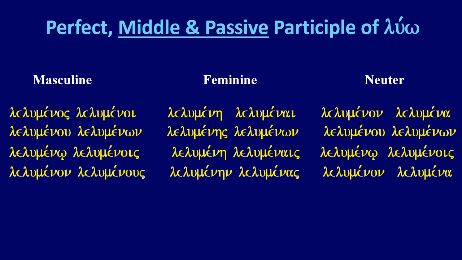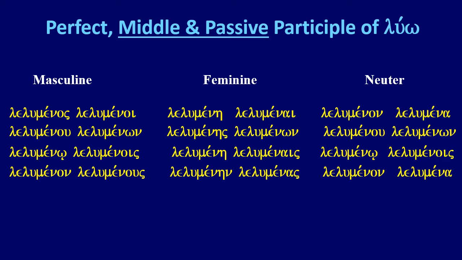But when it comes to the endings for each of these columns, masculine, feminine, and neuter, you should be familiar with these endings already. Lelumenos, lelumenu, lelumeno, lelumenon, etc., lelumenoi, right on down the line. These should look familiar to you because they are in fact the endings for the participle, for the present, middle, and passive voice participles of luo.